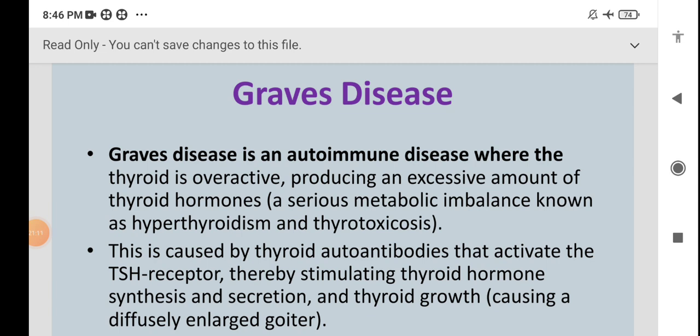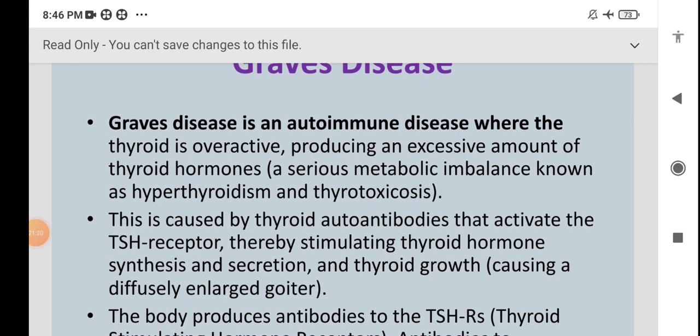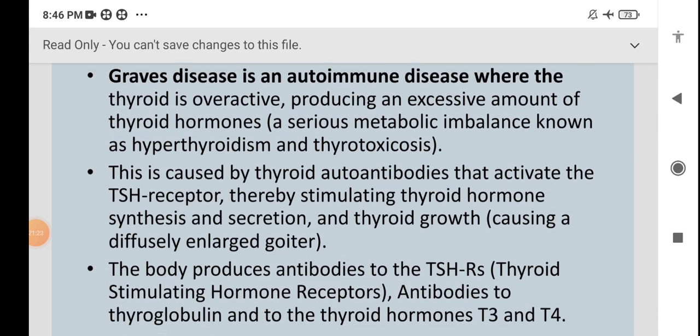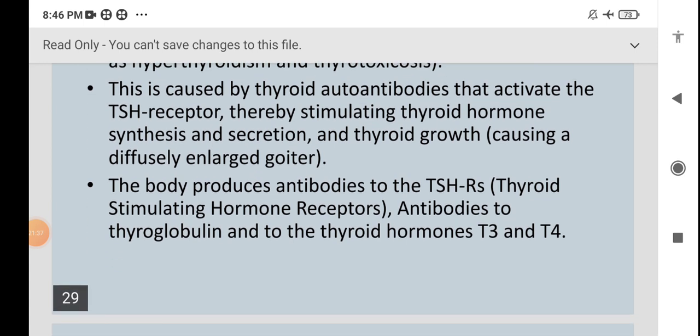So most of the times it is dealt even in the endocrine system. A serious metabolic imbalance known as hyperthyroidism and thyrotoxicosis. This is caused by thyroid autoantibodies that activate the TSH receptor, thereby stimulating thyroid hormone synthesis and secretion and thyroid growth, causing a diffusely enlarged goiter.